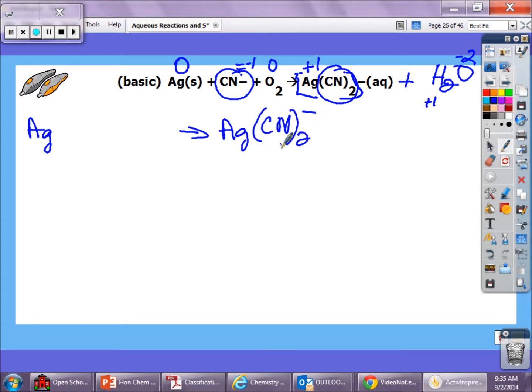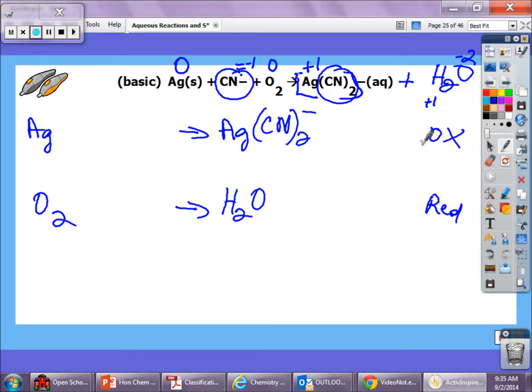Even though nothing happened to the CN, it is just there because of the Ag. And then I said the oxygen is reduced. This is my O2 and this is my water. So this is my red and this is my ox.